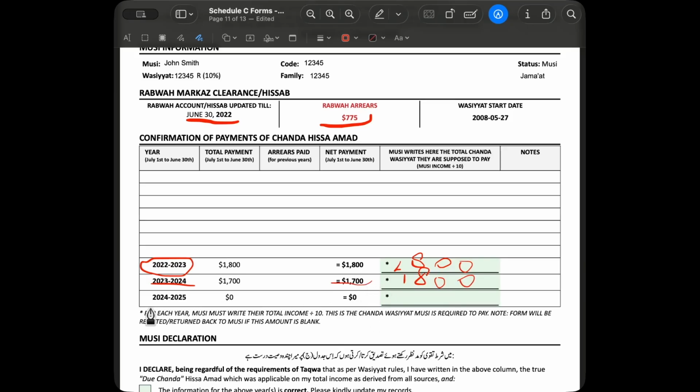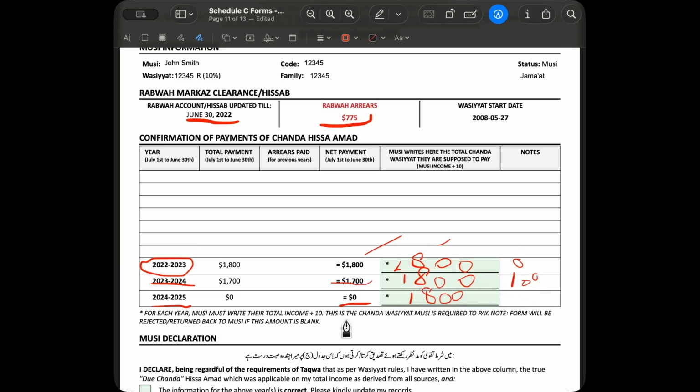Now look at this year 24-25, he has paid 0 and he was supposed to pay 1800. So according to this year, 1800 is okay, 1800 is okay, so 0 arrears. Here he paid 1700 and he was supposed to pay 1800, so 100 will be the arrears.